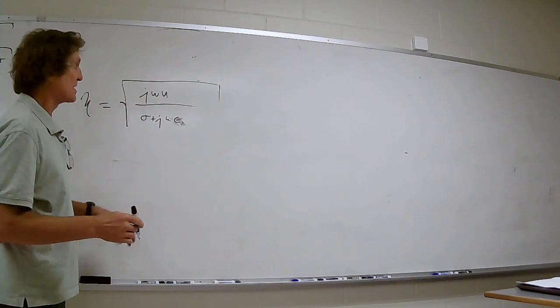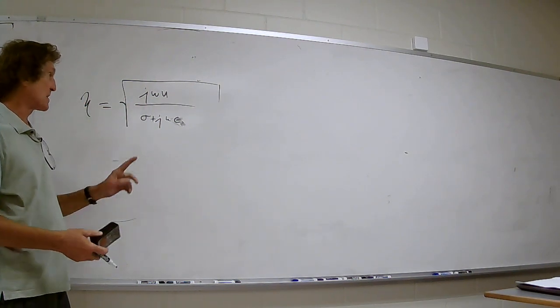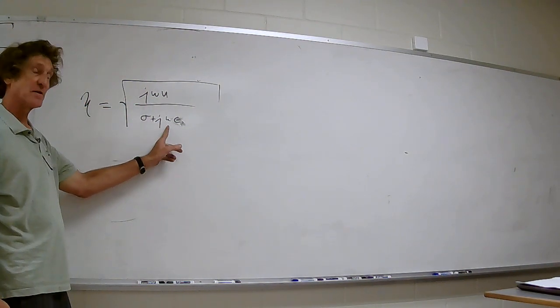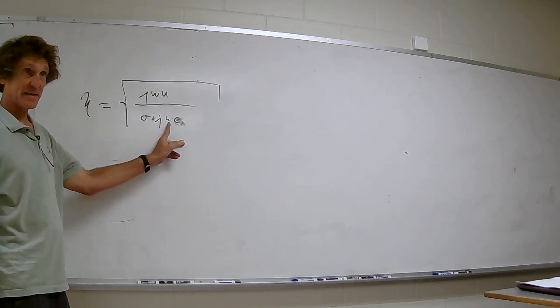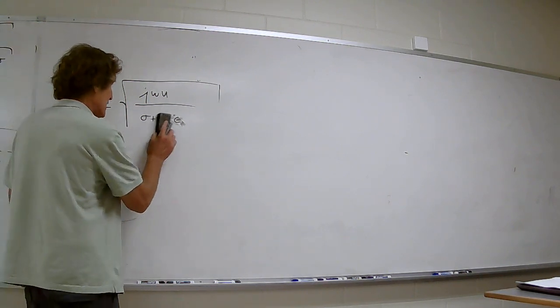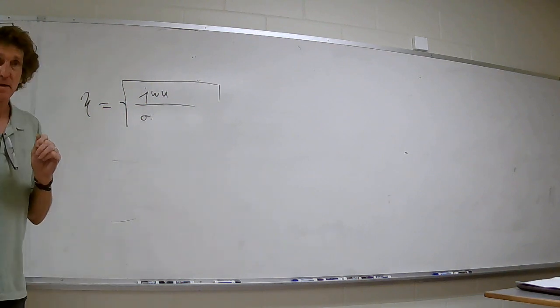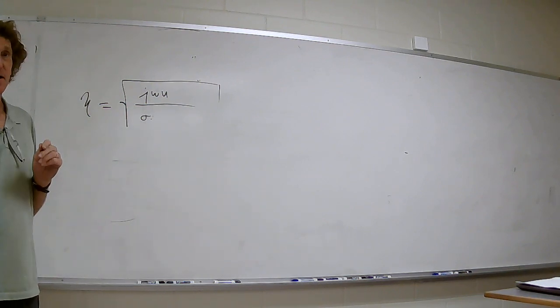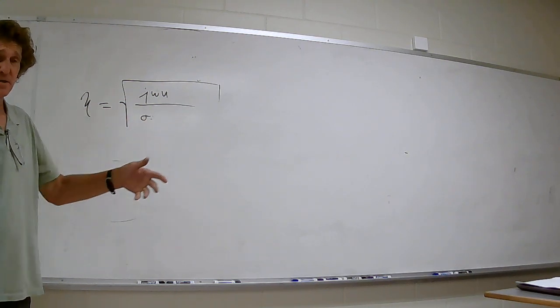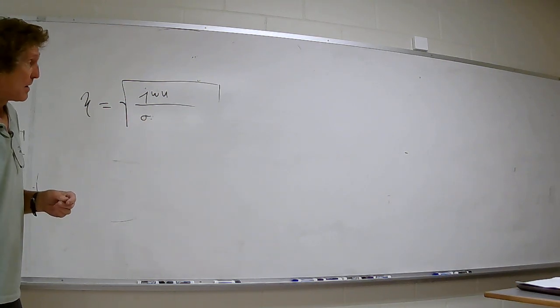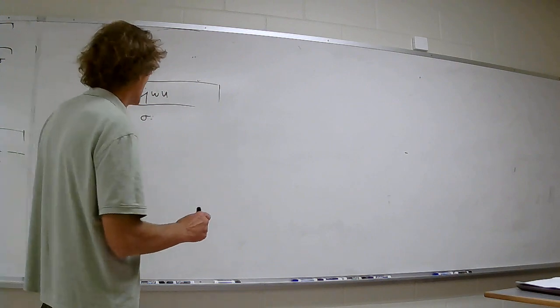Now, if it's a good conductor, because that's what we're talking about, good conductor means sigma is much, much bigger than this guy, right? That's the definition. You're just saying sigma dominates the magnitude of j omega epsilon. What is this? Well, a couple ways to look at it.